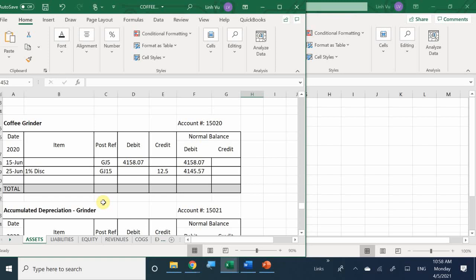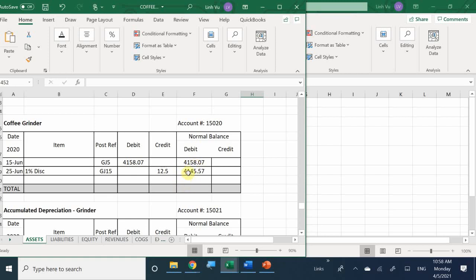All right. Now, how much was this coffee grinder? 4158... oh, okay, I see. Now that's what it originally cost us, but we also got the 1% discount. Remember? Right. 414557.